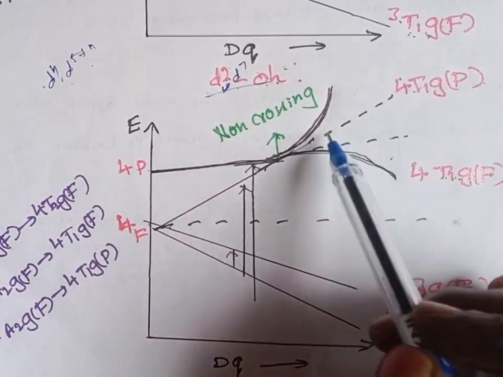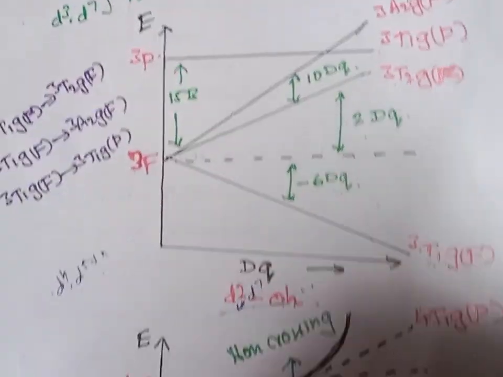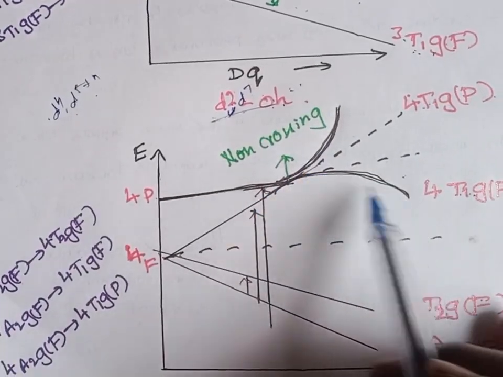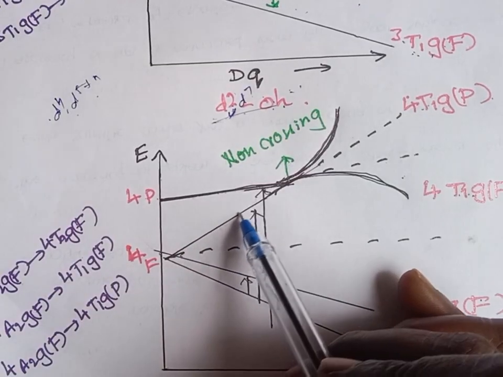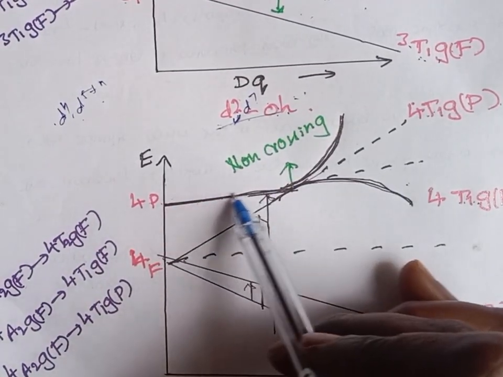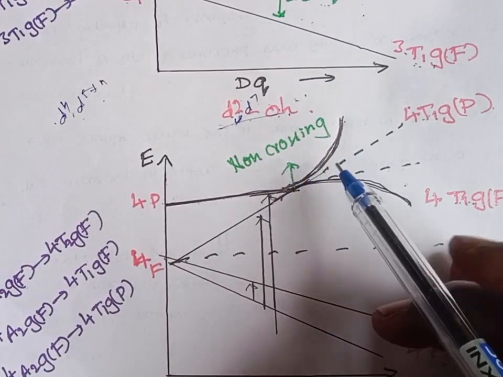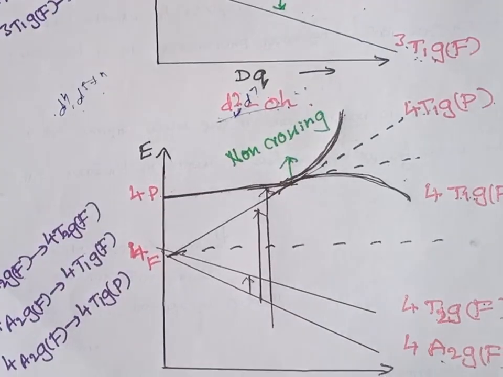There is no crossing between the energy levels. Due to that, the energy of the lower energy level will be lowered and the energy of the higher energy level will be higher. This is said to be the non-crossing rule.